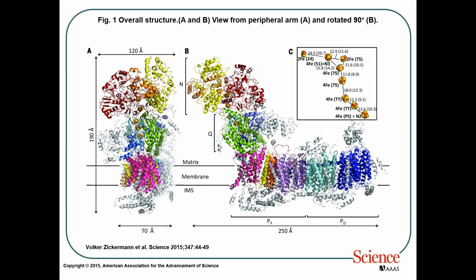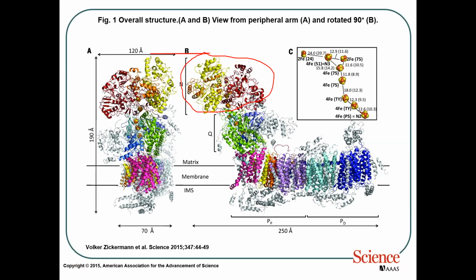So the piece that's involved with oxidizing the NADH is right here. And the protein, as you can see, contains these series of iron sulfur centers.